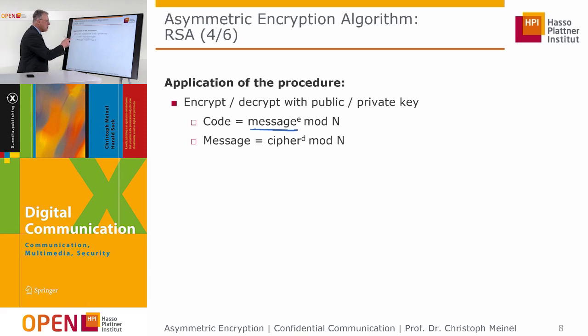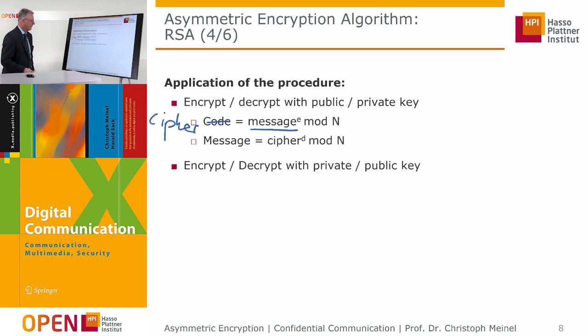And the message can then be recomputed, decrypted, from the cipher by cipher to the d mod n. So, by the way, here we should better write cipher instead of code, to see this as cipher text.